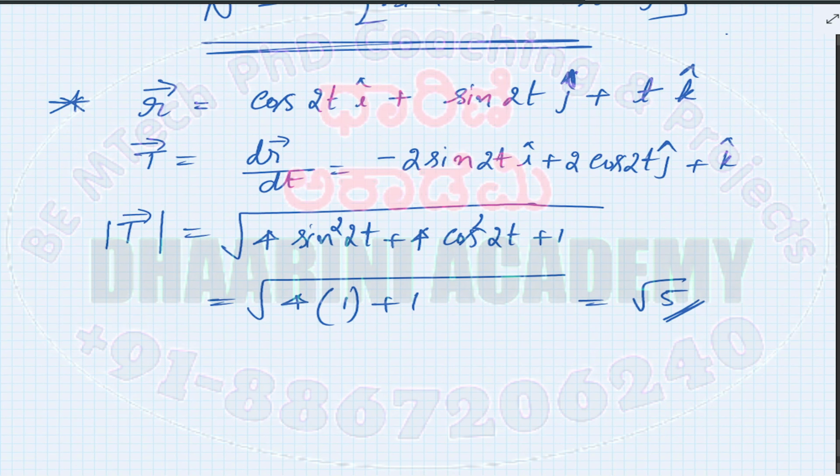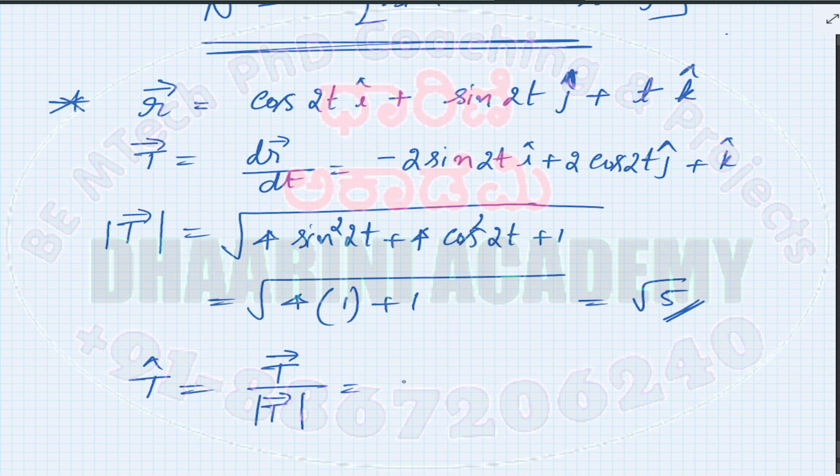So when this is the case, I get my t cap, which is equal to, what is t cap? T cap is equal to vector t divided by magnitude of that vector t. So the vector t is already there.